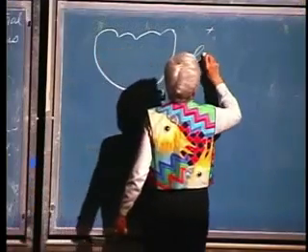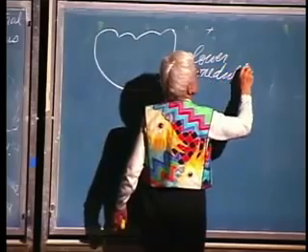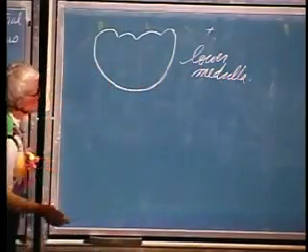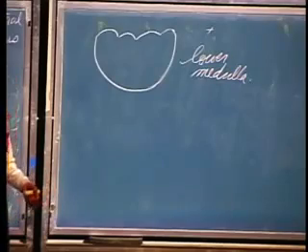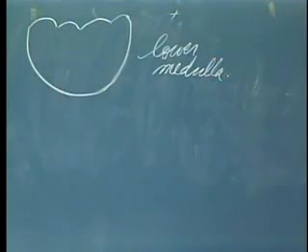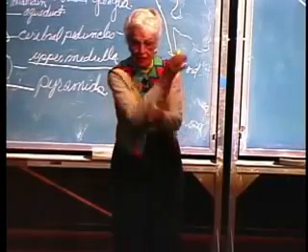This is lower medulla. What's happening in the lower medulla to this corticospinal tract? It's deciding to cross. You think we understand anything about this brain? Why in the world is it going to wait till it gets down here and then cross?